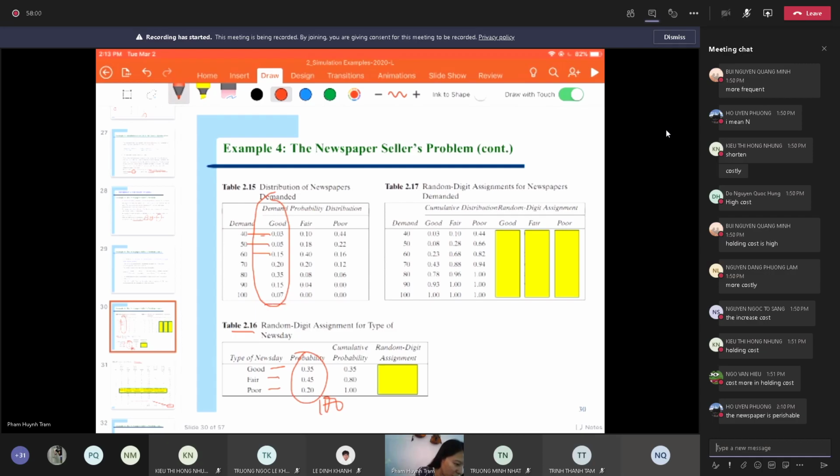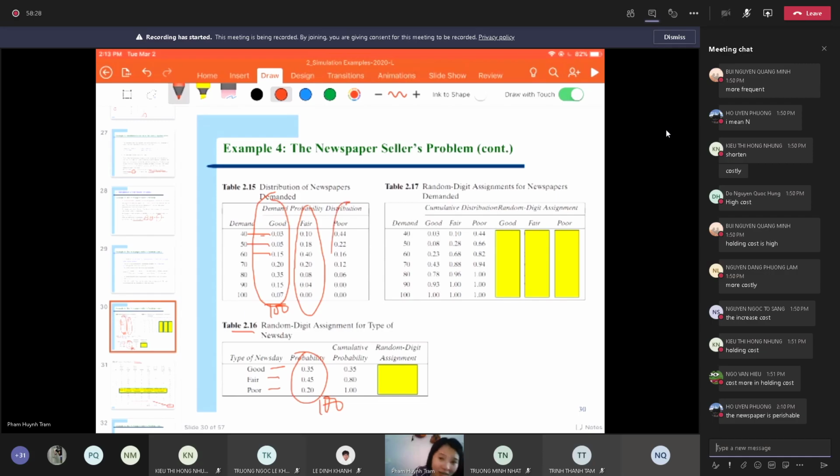The sum of this would be 100. The demand can vary from 40, 50, 60, 70, 80, 90 to 100. This is the demand probability distribution when it is a fair day, and this is the demand probability distribution when it is a poor day.